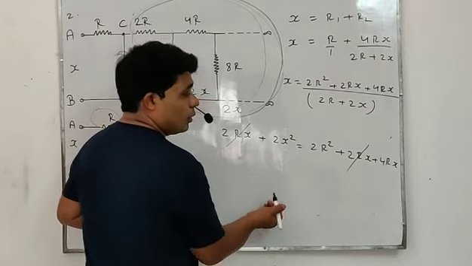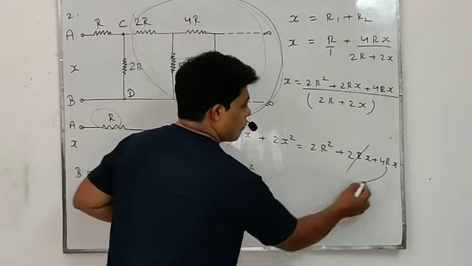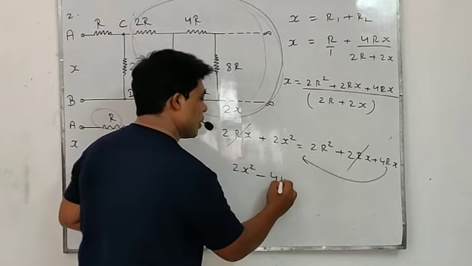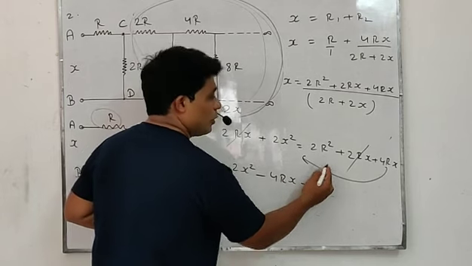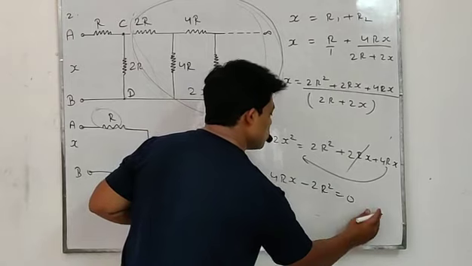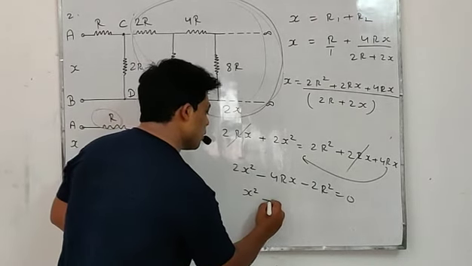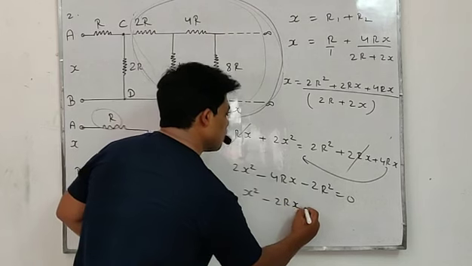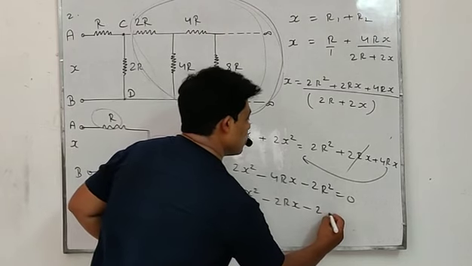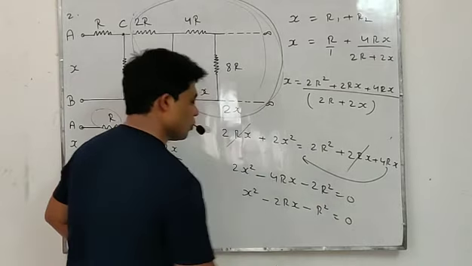Okay. Now we'll solve this term. This is 2x square. Transfer 4Rx that side, minus 4Rx. Transfer 2Rx to that side, minus 2R square equals to 0. When you divide by 2, it becomes x square minus 2Rx minus R square equals to 0.